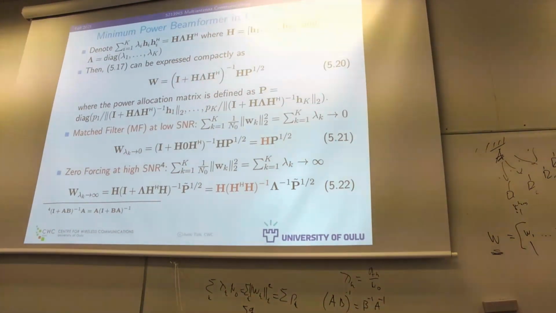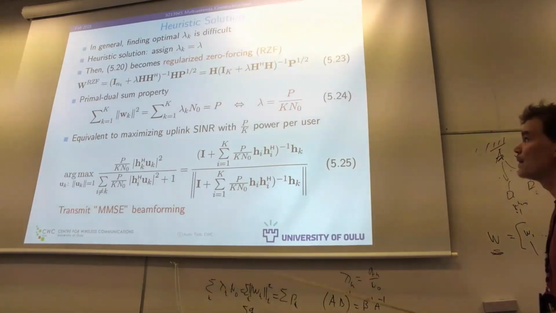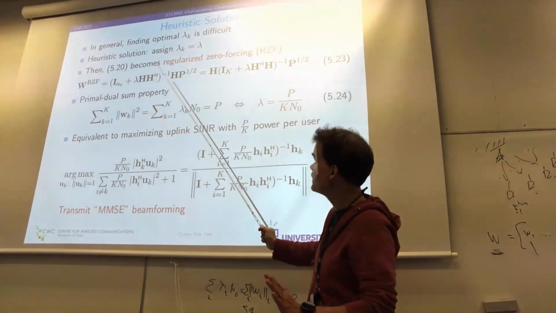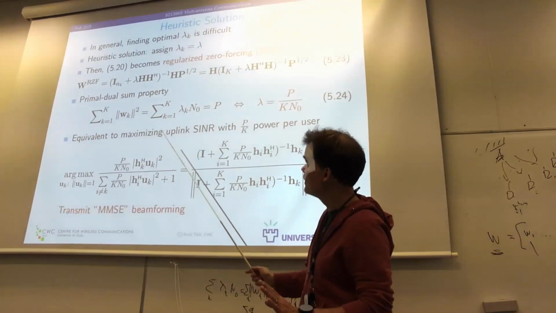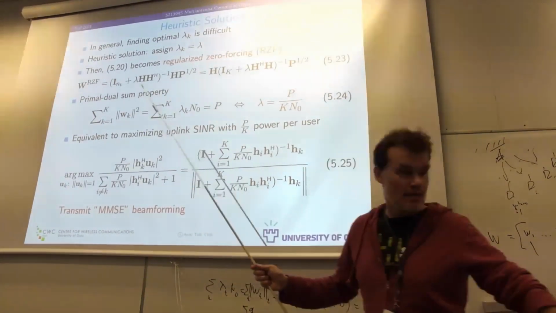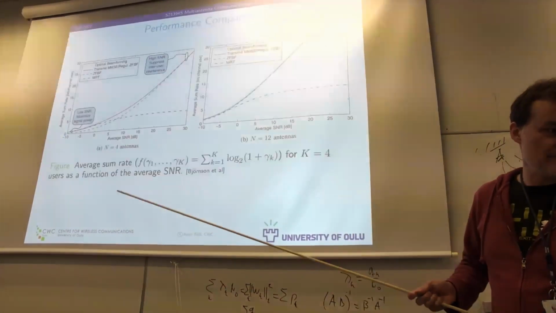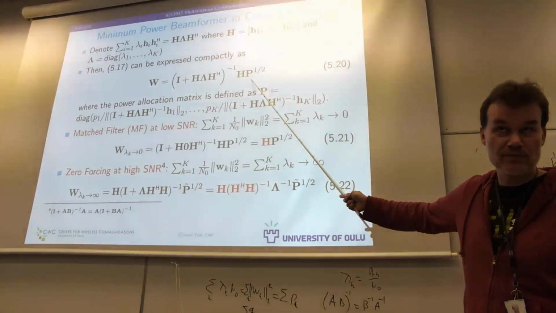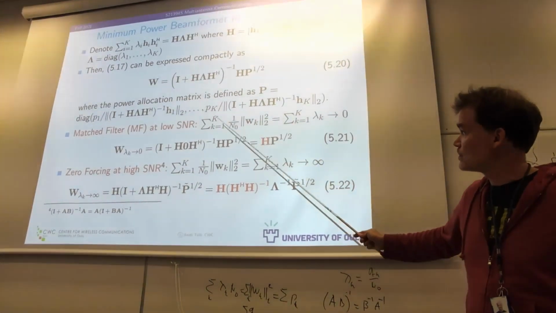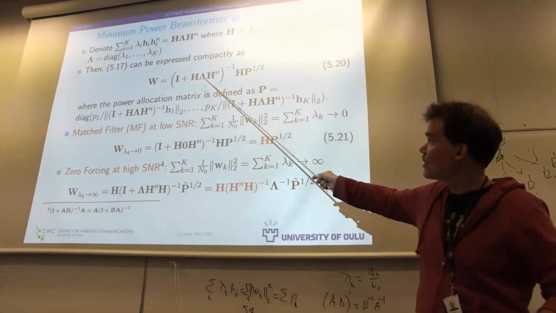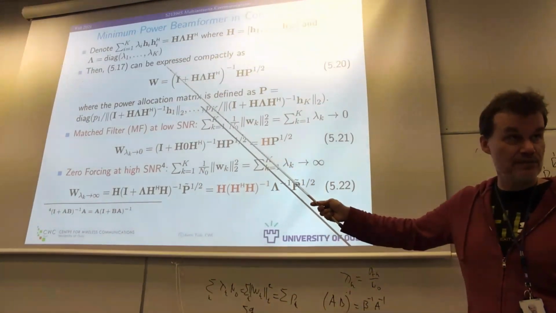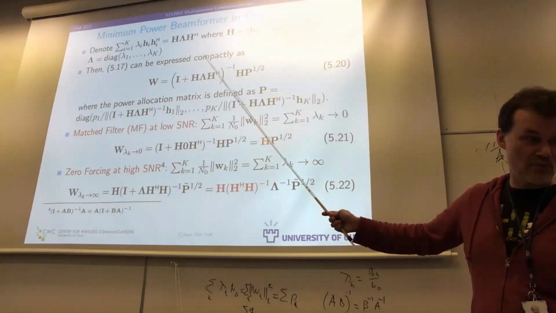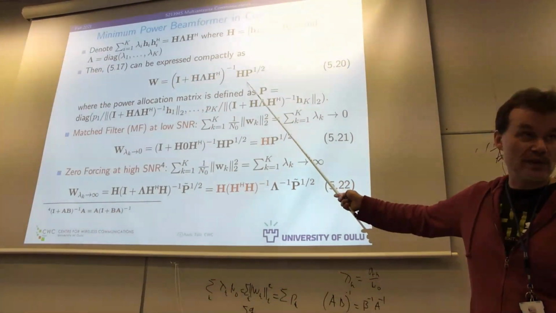Okay, but now in general, we will see that for any optimization problem, the beamformers will have this structure. The dual variables, lambda, are changing, and the power allocation are changing depending on the actual objective. But the structure is always this.